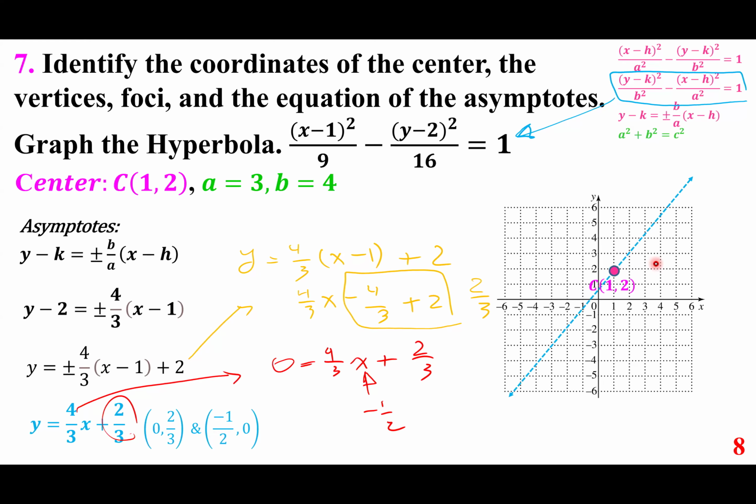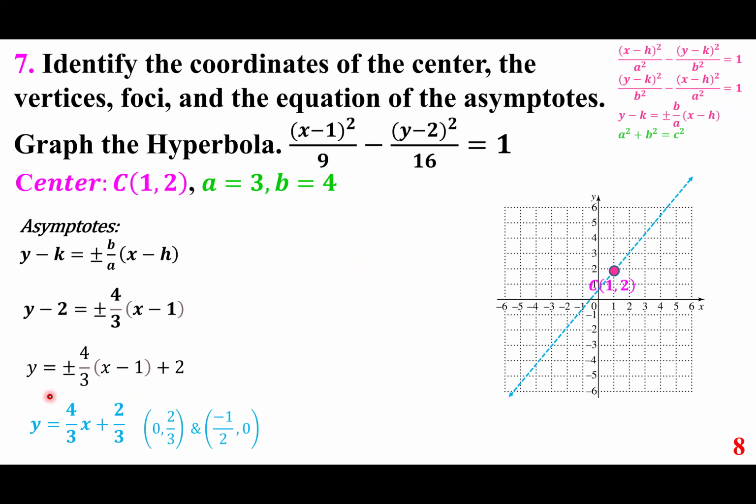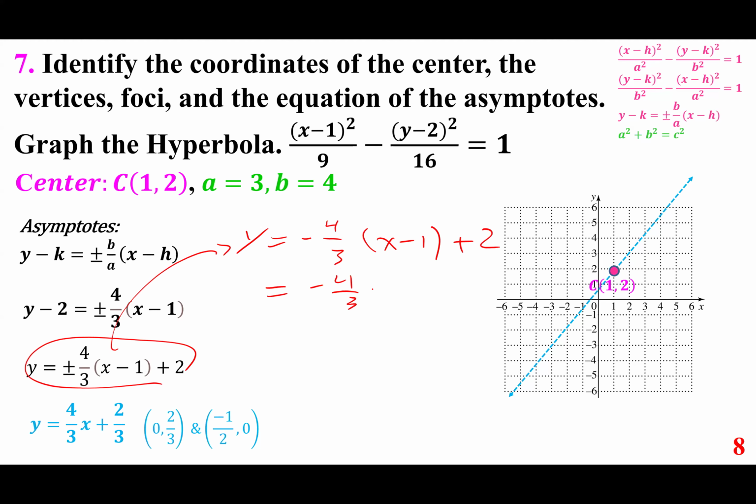Now, for the second part, and let me erase my work. For the second part, this one, y equals minus 4/3 times x minus 1, plus 2, or minus 4/3 x plus 4/3 plus 2. These two add up to 10/3.